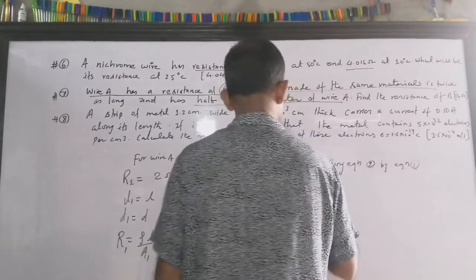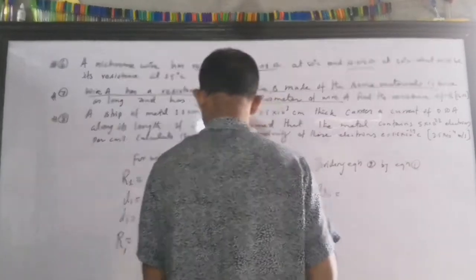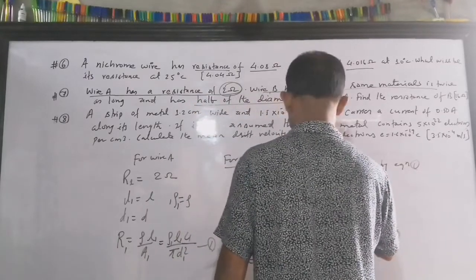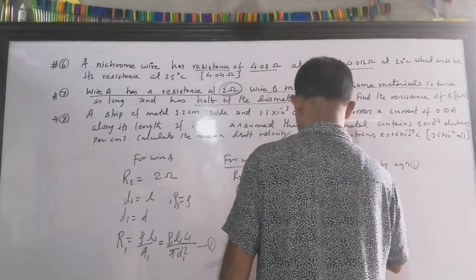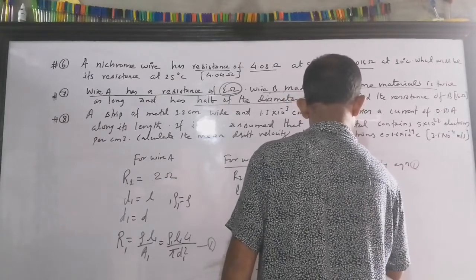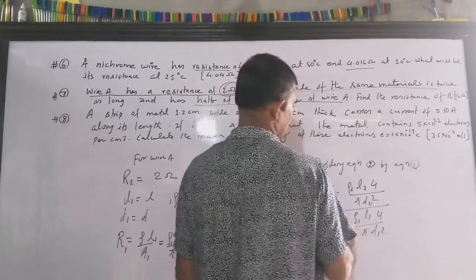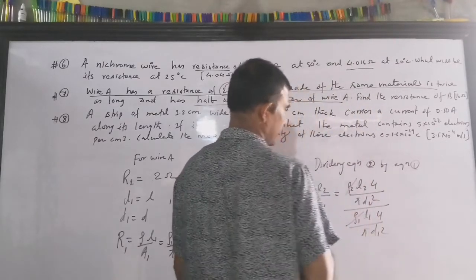So what will you get? I get R2 upon R1 equals rho 2 L2 4 by pi D2 square, over rho 1 L1 4 by pi D1 square. As I told, rho 1 and rho 2 are same, I can cut.